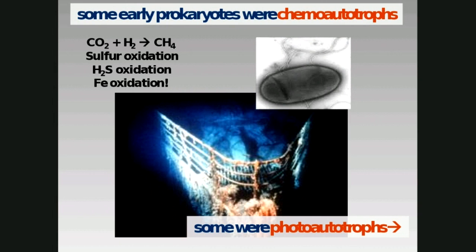When you break up something complex into simpler things, like oxidizing hydrogen sulfide and breaking that molecule up, you release energy. However you do it, there had to have been some way to obtain energy to drive those very special chemical reactions that were evolving, as we talked about during biogenesis.